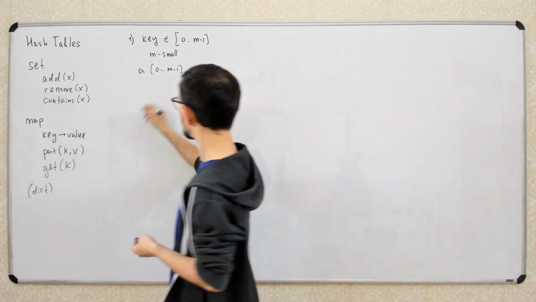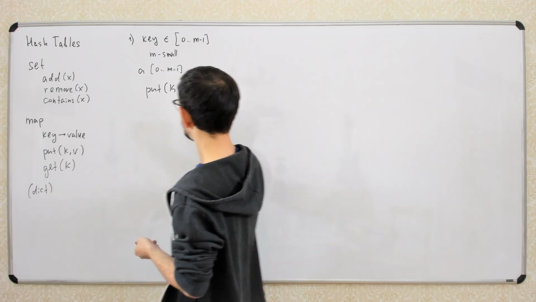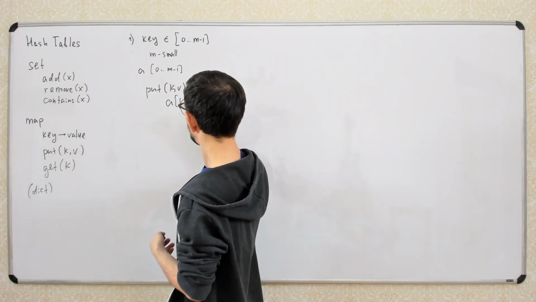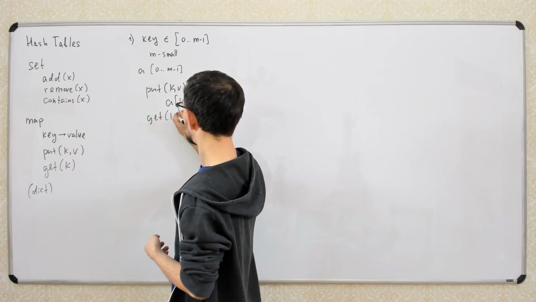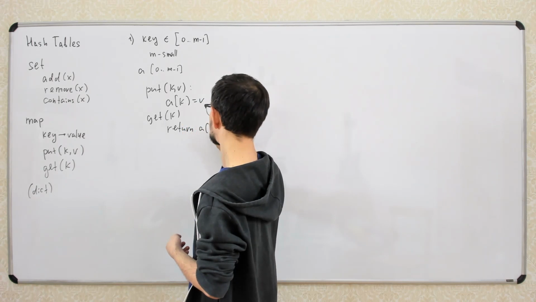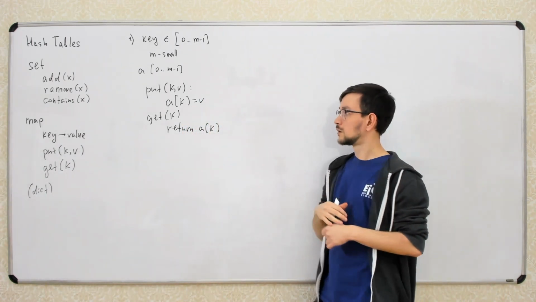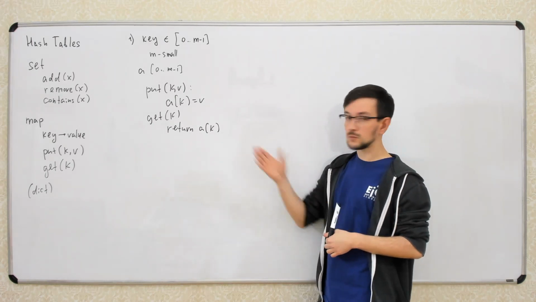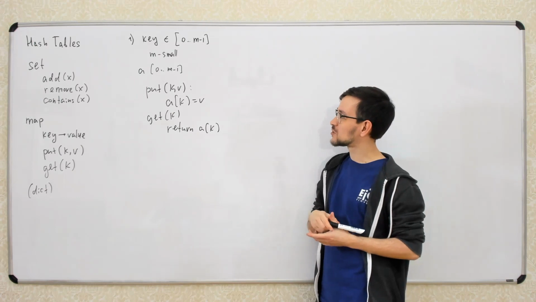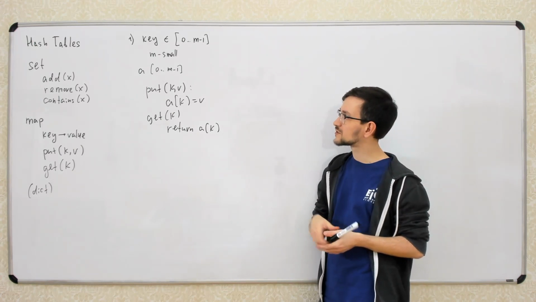So for example, put simply says A[k] = v, and when you need to get by key k, you simply return A[k]. That's all. That's the simplest case of how to implement a map when you have small keys.